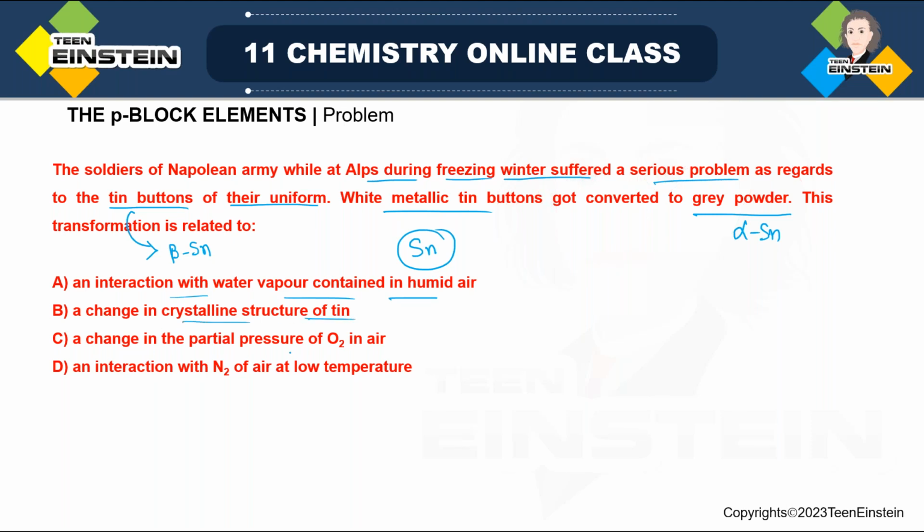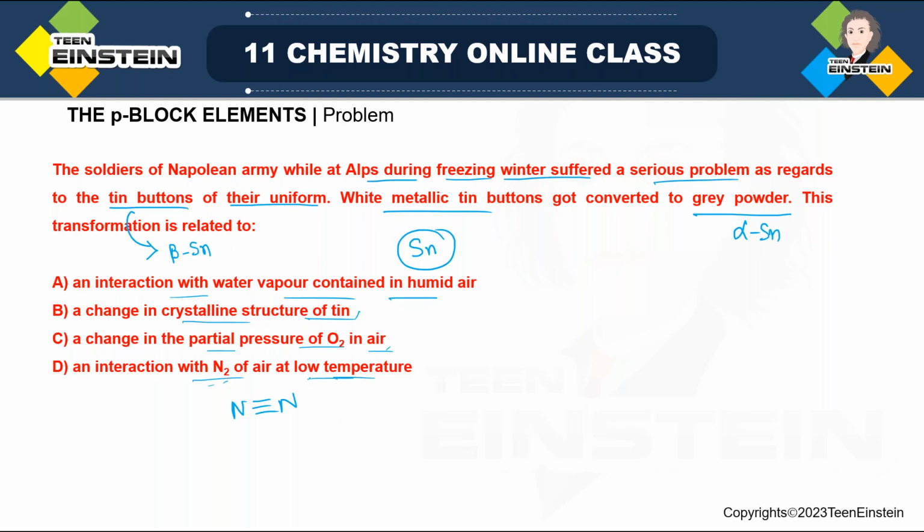Then change in crystalline structure of tin, then change in the partial pressure of O2 in air, and an interaction with nitrogen of air at low temperature. Now nitrogen is obviously a highly unreactive molecule, with a triple bond between two atoms. It is not so reactive, and at low temperature, no reaction you can expect. So it will be between these two, but it is not the partial pressure of O2.